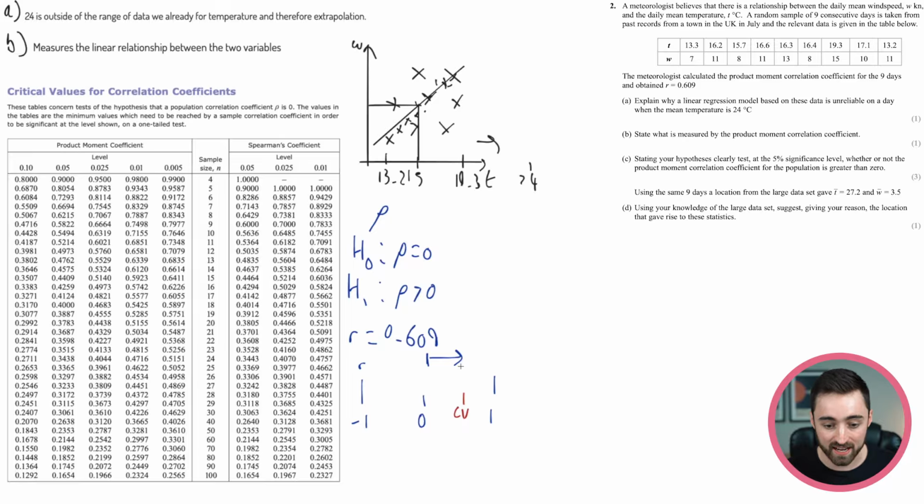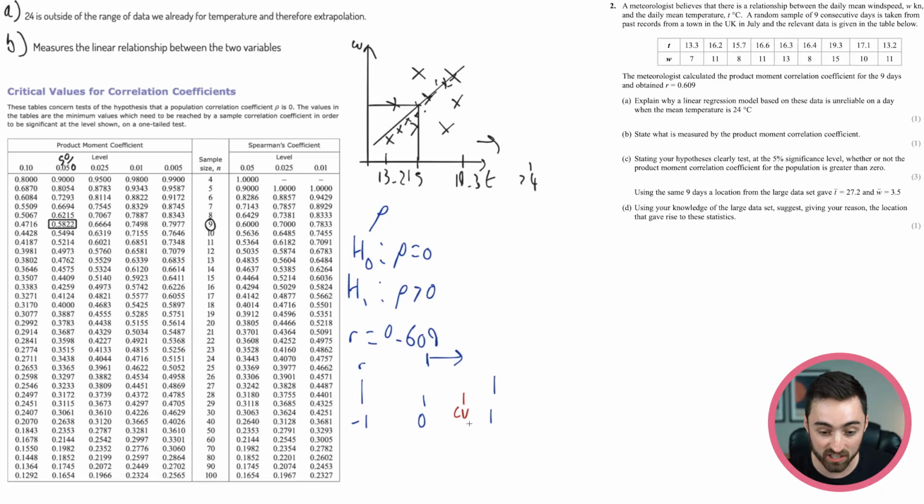So all we do in this case is look at the significance level and sample size that we have. Our sample size is 9, and our significance level is 5%. So here's what I do. Sample size 9, I'm looking at this row here. Significance level of 5% corresponds to 0.05. So all I want to do is find this here. That's 5% significance, sample size of 9.